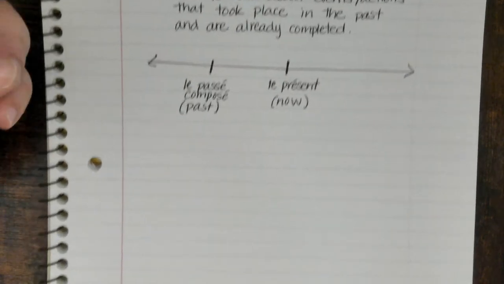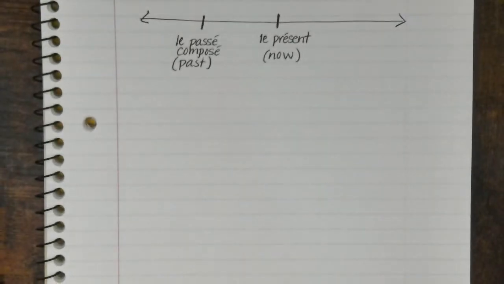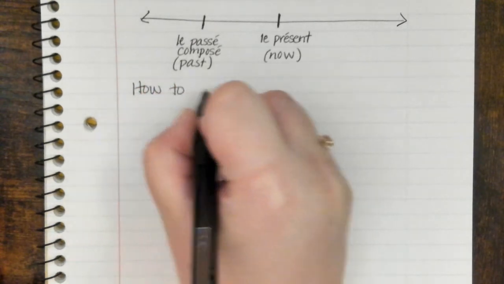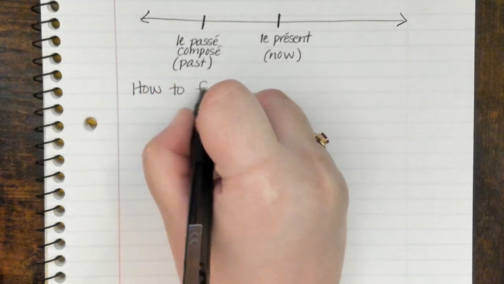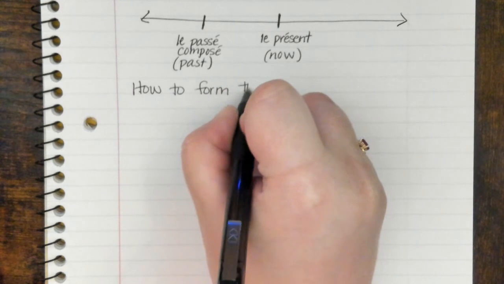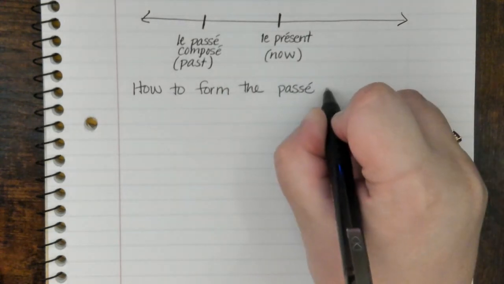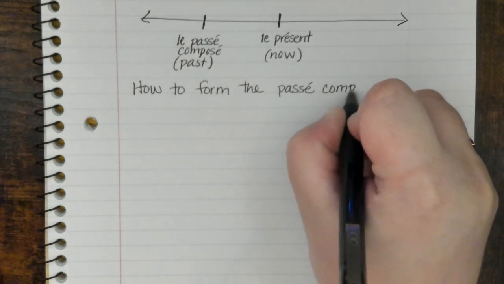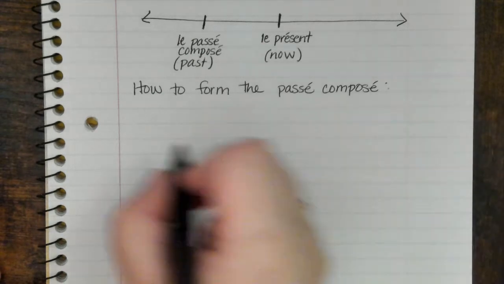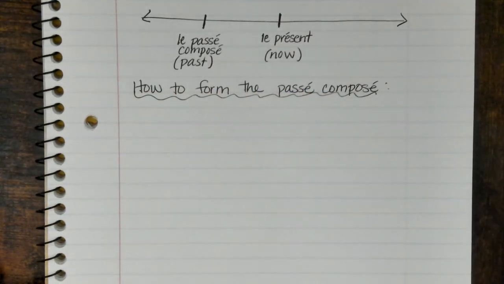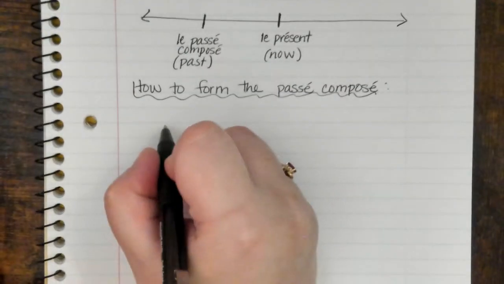Forming the passé composé is pretty simple. Well, I guess it depends who you ask. So there are three parts to the passé composé.